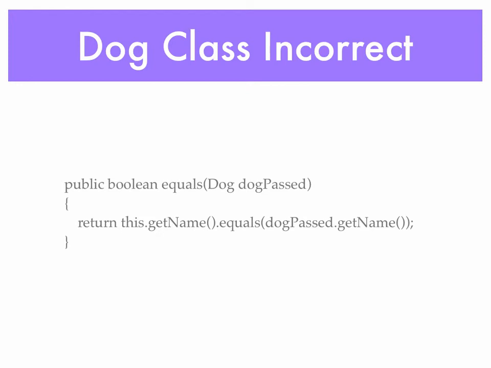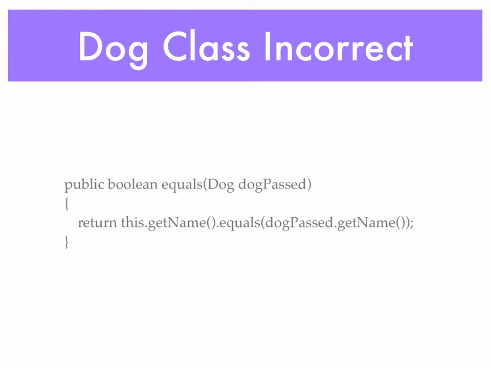It could have just been this.name. But in our example, we'll have the calling object call the method getName. That will return back a string. That string will in turn call the method equals. Equals will have passed to it what is returned when dogPassed, the passed object, calls the method getName. So we have compared the name of the calling object and the name of the passed object.